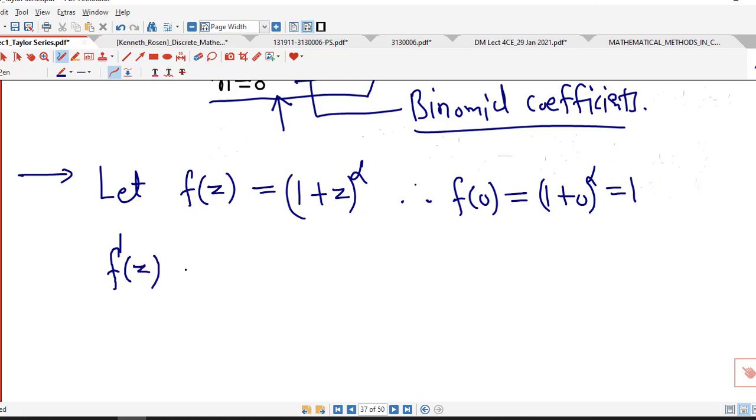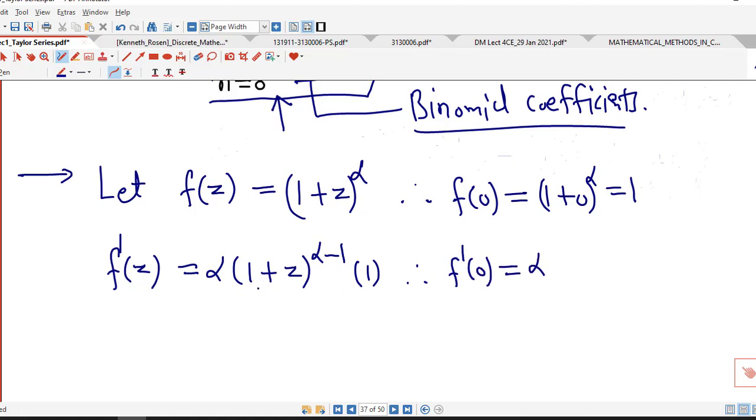Similarly, the first derivative is α times (1 + z)^(α − 1) into the derivative of 1 + z with respect to z, which is 1. This implies the value of the derivative at z equal to 0 is α into (1 + 0)^(α − 1), that is α.